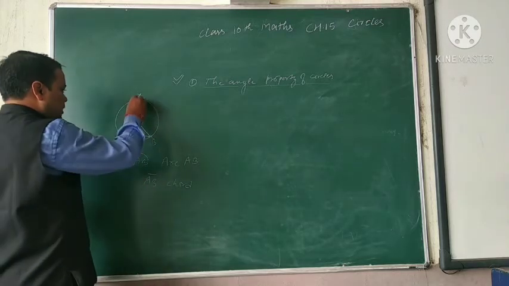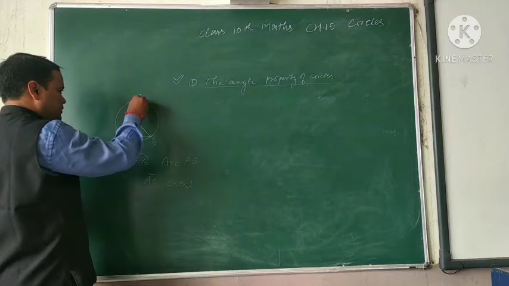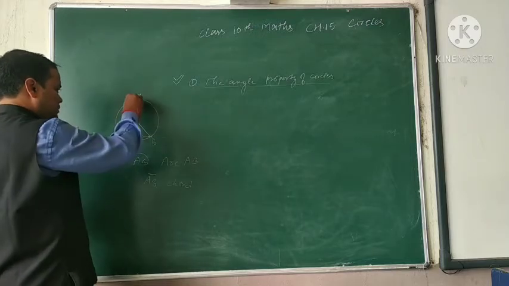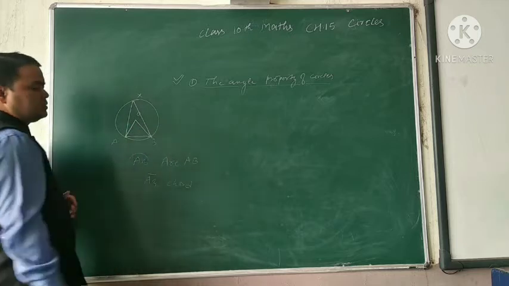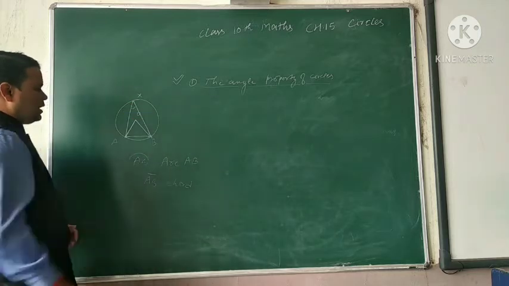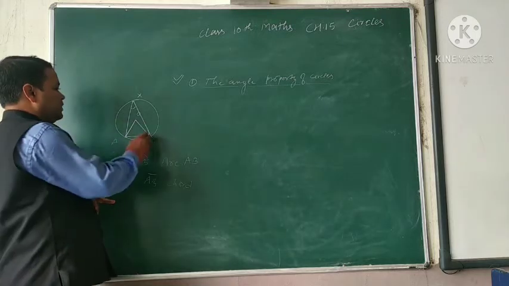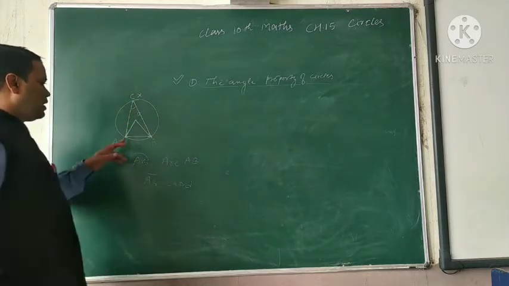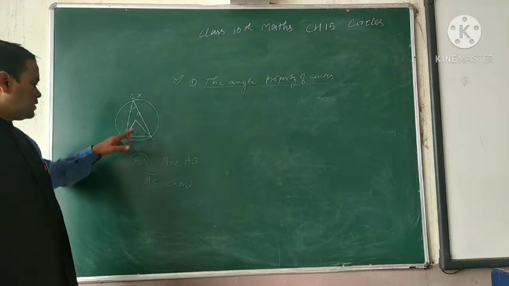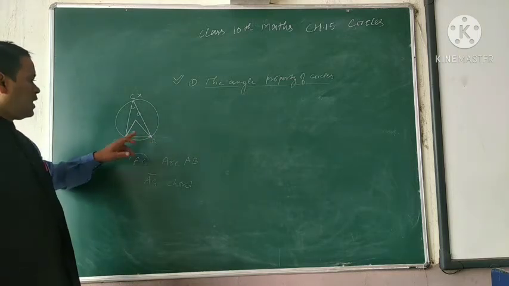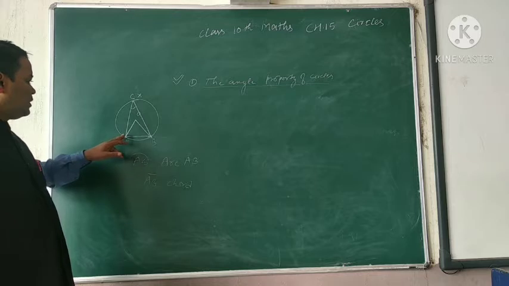Here the chord AB subtends angle AOB at the center of the circle. If we draw another angle here, then arc AB subtends angle ACB on the other part of the circle, while at the center it is AOB.